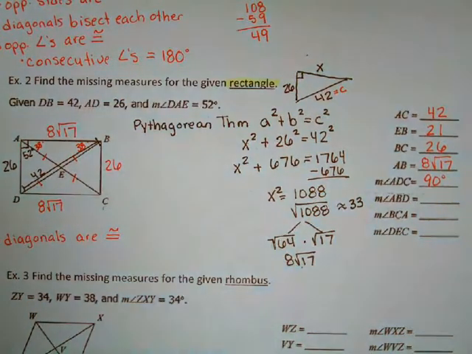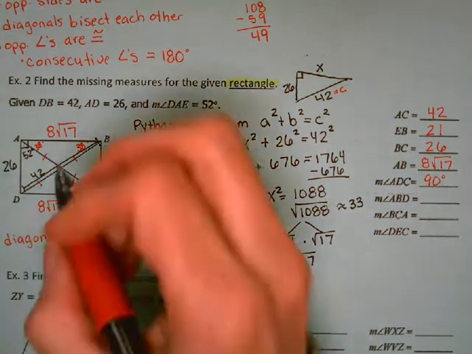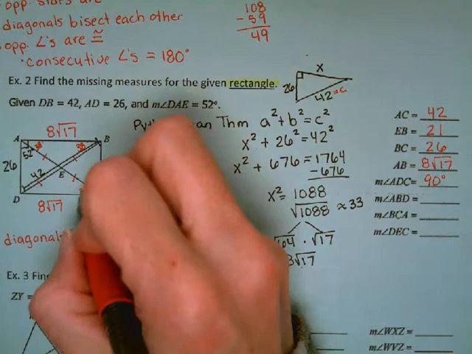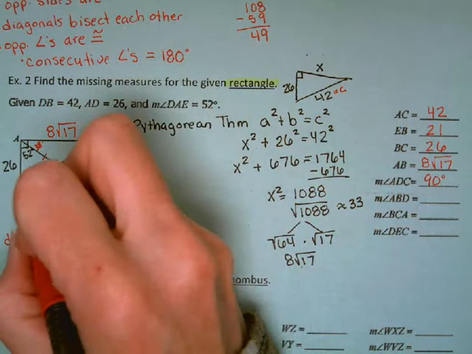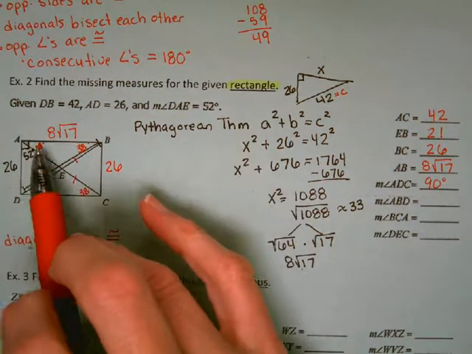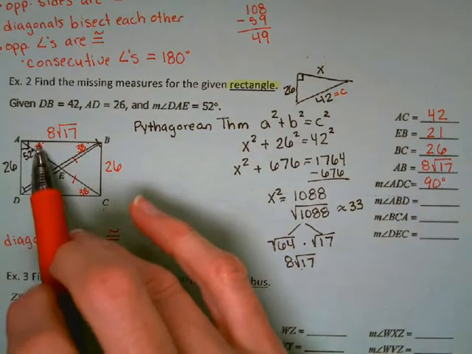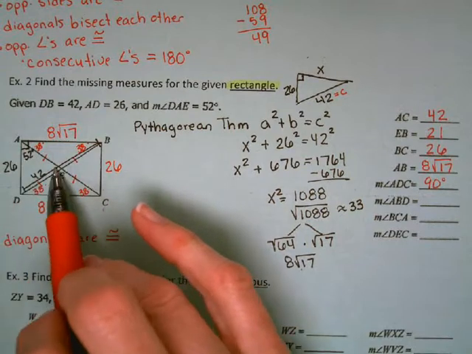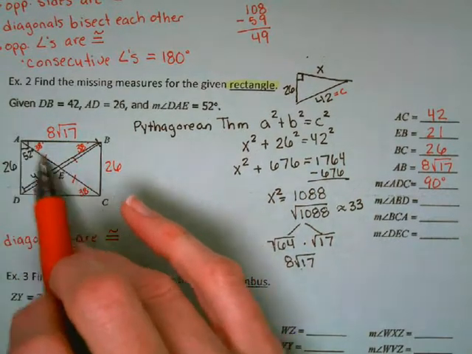Or this angle, or this angle. So lots of ways to figure that out. I used knowing that this is 90 to figure out the 38, and then this is an isosceles triangle in here, and in an isosceles triangle, those base angles are congruent.